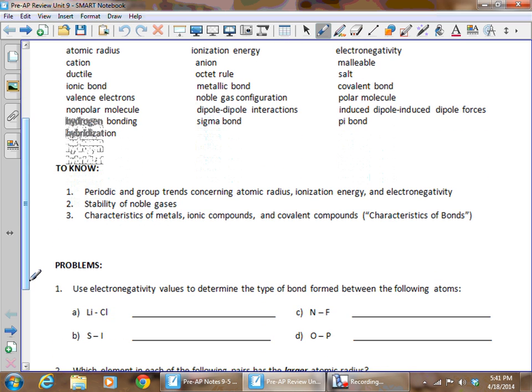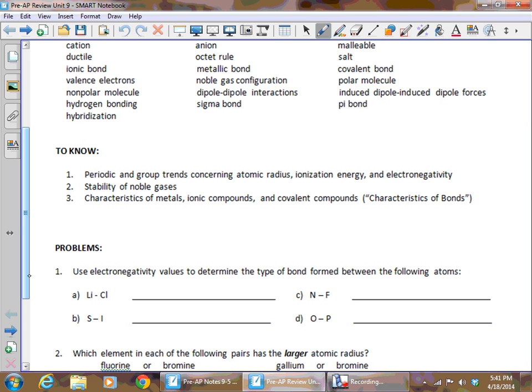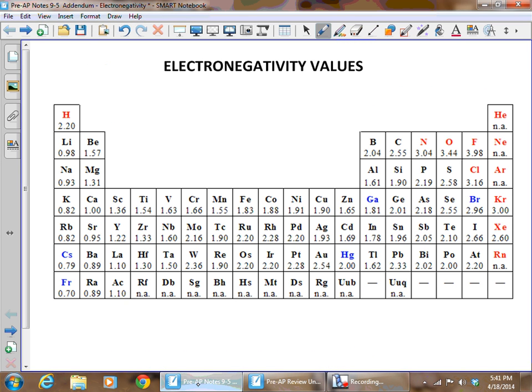Now, as far as what you need to know, the periodic and group trends for atomic radius, ionization energy, and electronegativity. And you can write this on the chart that you've got for electronegativity values. On the test, you're going to get another chart like this, and you're not going to be able to use your own chart.